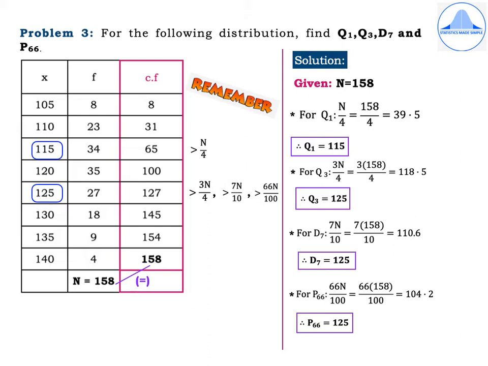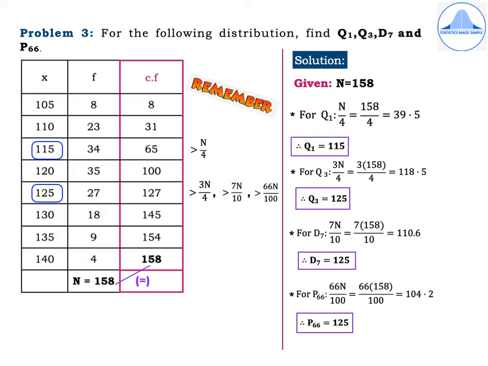So, finding out CF, we get 8, 31, 65, 100, 127, 145, 154, 158. Always note that capital N equal to 158 should match with the last CF value, which I have indicated using the purple colored line. Now start with the solution.